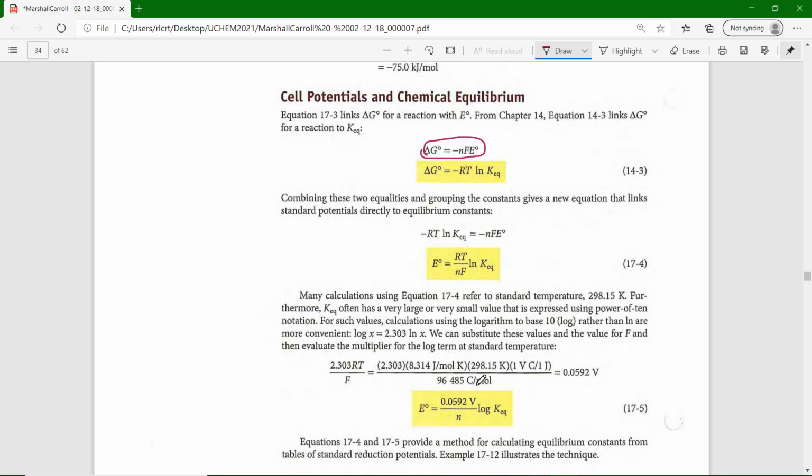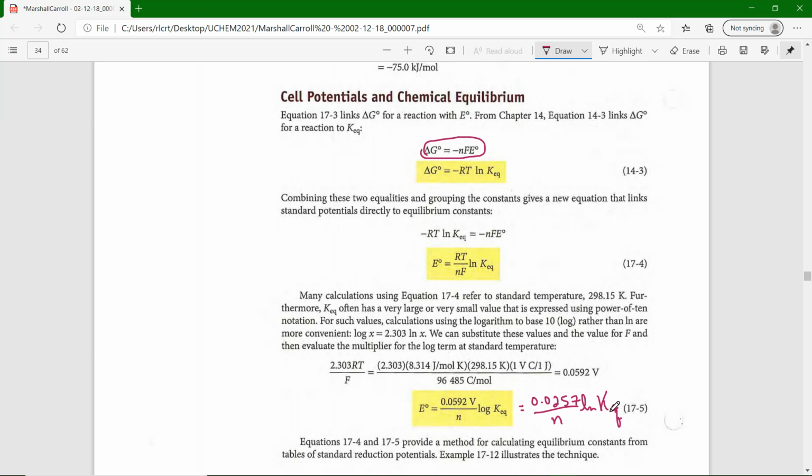Now, if we try natural log, I think I take the 0.0592 and divide by 2.303, and I get 0.0257. That's right. So you can also write it as 0.0257 over n natural log of Keq.